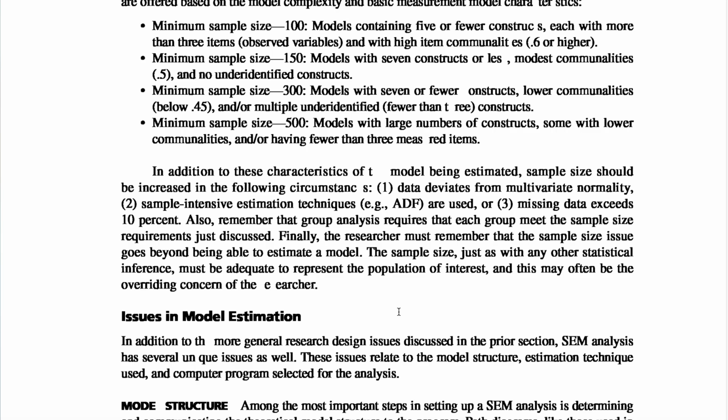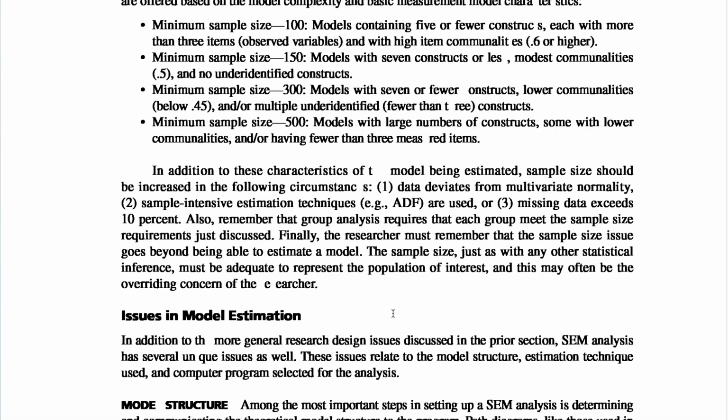Also remember that group analysis requires each group to meet the sample size requirements just discussed. Finally, the researcher must remember that sample size issues go beyond being able to estimate a model. The sample size, just as with any other statistical inference, must be adequate to represent the population of interest and may often be the overriding concern of the research.